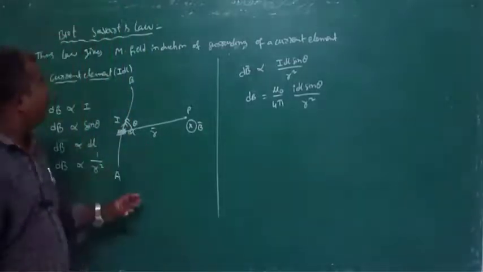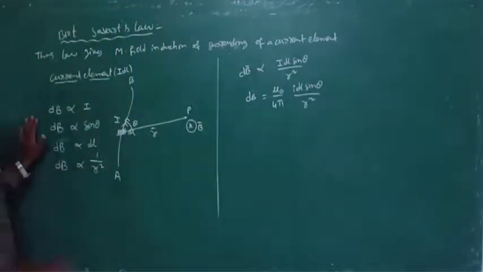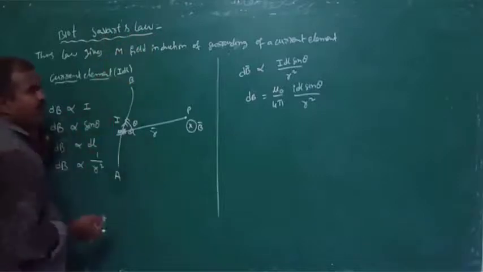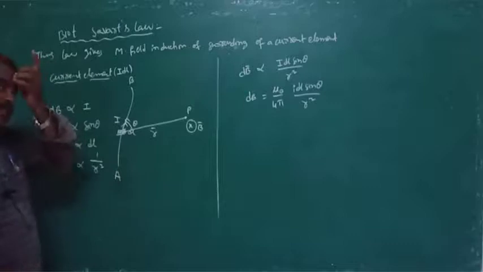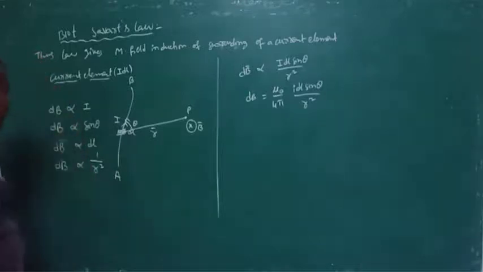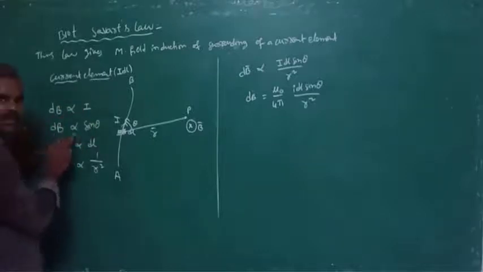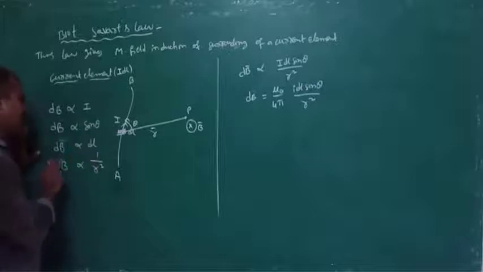Now listen carefully. The Biot-Savart law and the magnetic field of a moving charge are nearby concepts. The magnitude of magnetic field is directly proportional to current, and directly proportional to sin theta.